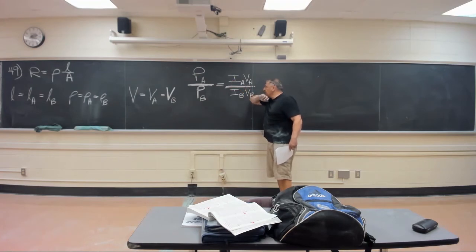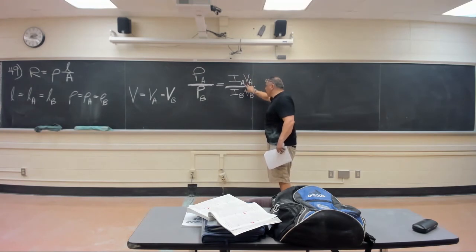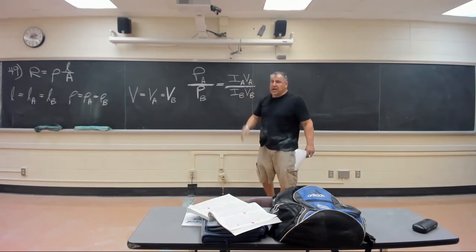This is joules per coulomb. Joules per coulomb times coulombs per second is joules per second. Coulombs and coulombs cancel. You got joules per second.